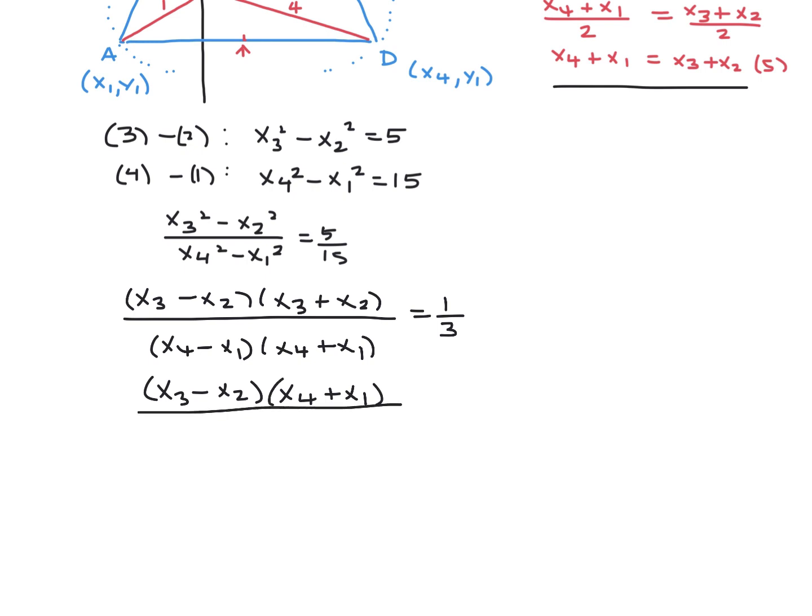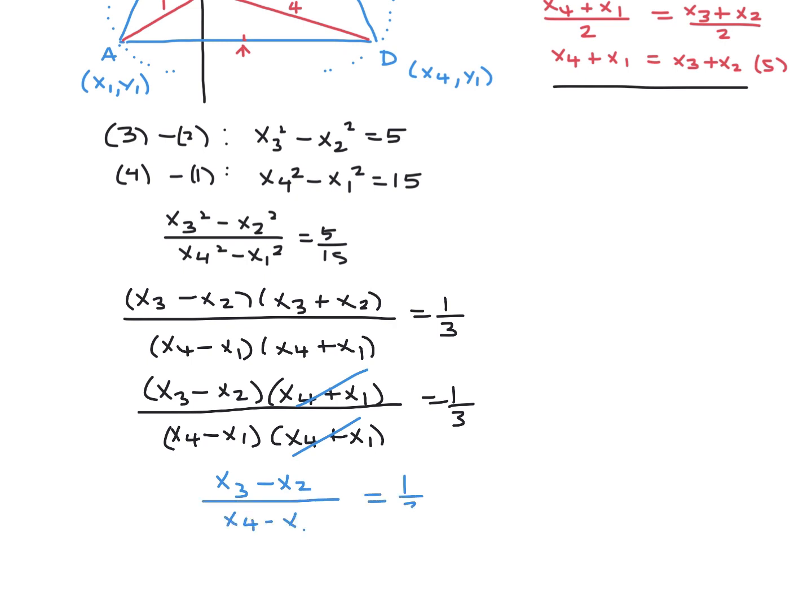And that will help us because it'll allow us to cancel stuff out like this. So the good news is now that this cancels with this, and all you're left with is x3 minus x2 over x4 minus x1. And that is 1/3. Now, x3 minus x2 over x4 minus x1 is equal to 1 over 3.